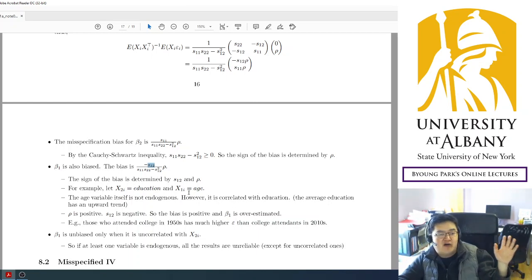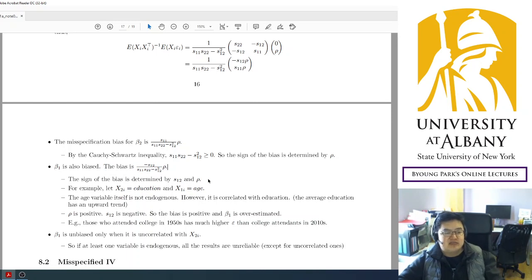So the older a person is, the more likely the person is less educated. So in that sense, I would say this covariance is negative. So this is negative, this is positive, and with the additional negative sign, the bias is also positive, right? So in that sense, we can conclude that beta 1 is overestimated.